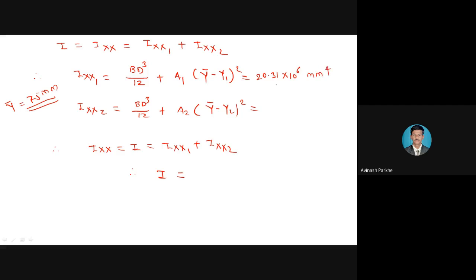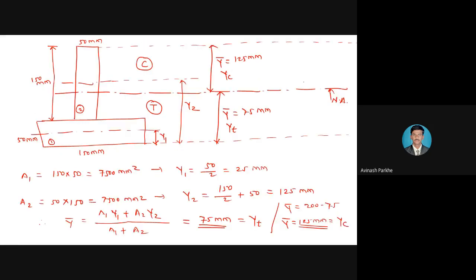Yes, check your answers, others. Ixx1 is equal to 20.31 into 10 raised to 6. Those who have calculated Ixx1, go for the calculation of Ixx2. For the second, from the figure, the value of B is equal to 50 mm. Value of D is equal to 150 mm.